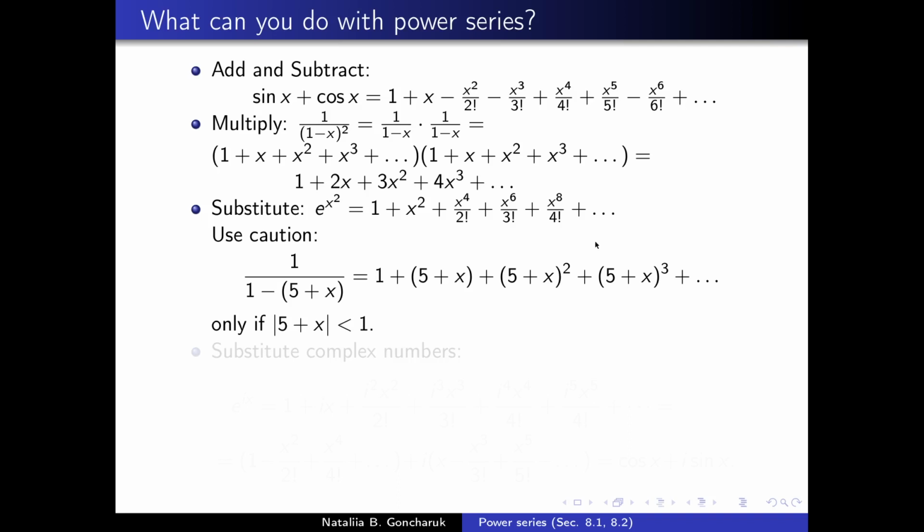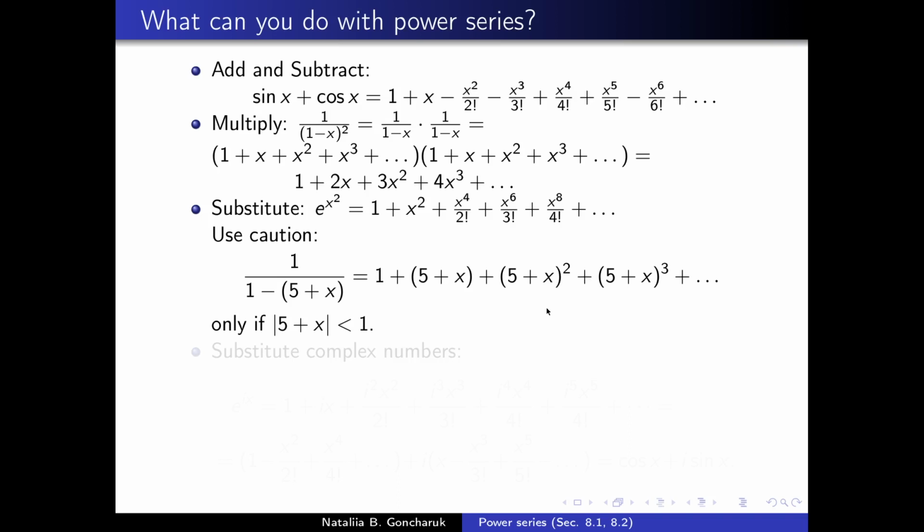So this formula will be true only if 5 plus x is where it should be, in the domain of convergence. One more issue with this case is that the right hand side doesn't have the form of a power series centered at 0. It is kind of centered at a different point. You don't have x, x squared, and so on. You have 5 plus x, and so on. It is centered at the wrong point. But still, the formula is correct.